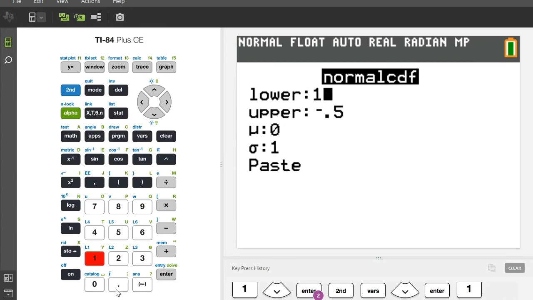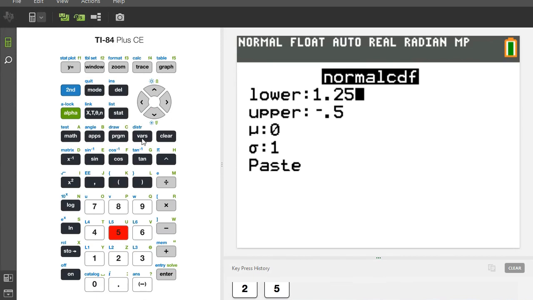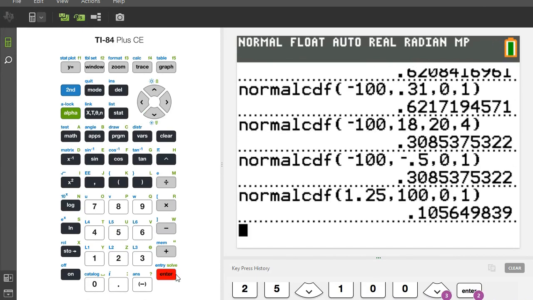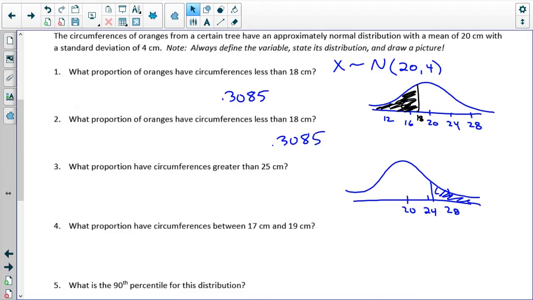And then 5 divided by the standard deviation of 4 gives me a z-score of 1.25. Something greater than that ends up being 0.1056. So the percent or proportion of circumferences that are greater than 25 centimeters is 0.1056.